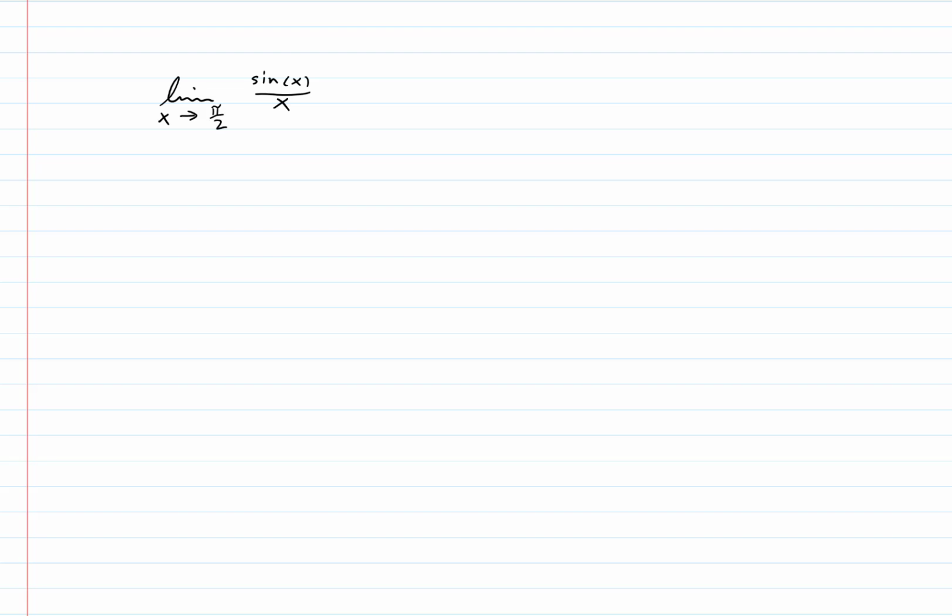Okay, then based upon everything we've covered so far, you could say this. That would be sine of pi over 2 divided by pi over 2, which equals 1 over pi over 2, which is 2 over pi. We could definitely say that based upon everything we've learned so far. Okay, but what if I want to say the limit as x approaches 0?